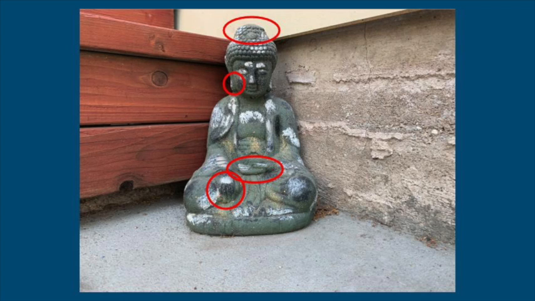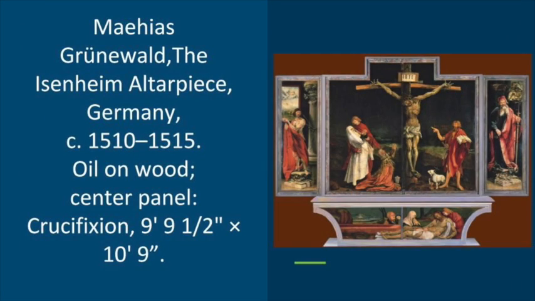Now, I couldn't help but think this was similar to other statues and paintings and figures that I've seen throughout time. A major one that I thought of was the images and paintings and statues depicting the crucifixion of Christ. A good example that we learned about is the Isenheim altarpiece, which depicts the crucifixion of Jesus.